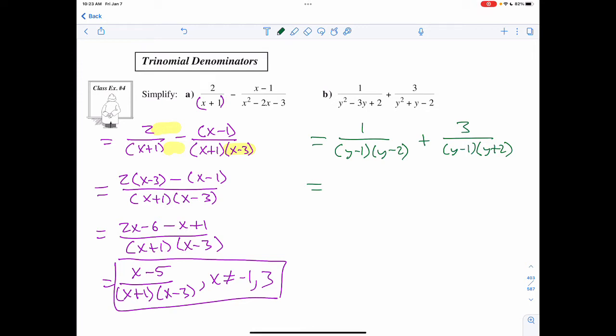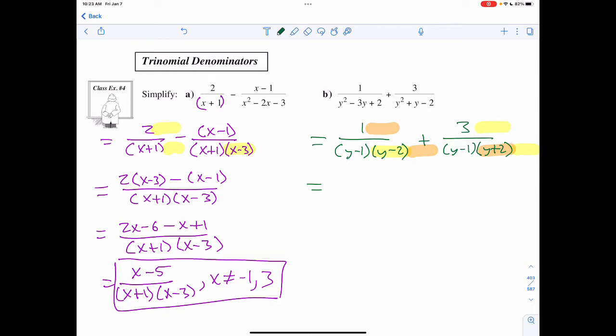This is all going to be equivalent to, when I look for what's the same and what's different, I'm missing a y minus 2 from this side, so I've got to multiply it in. And I'm missing a y plus 2 from this side, so I'm going to multiply it in.